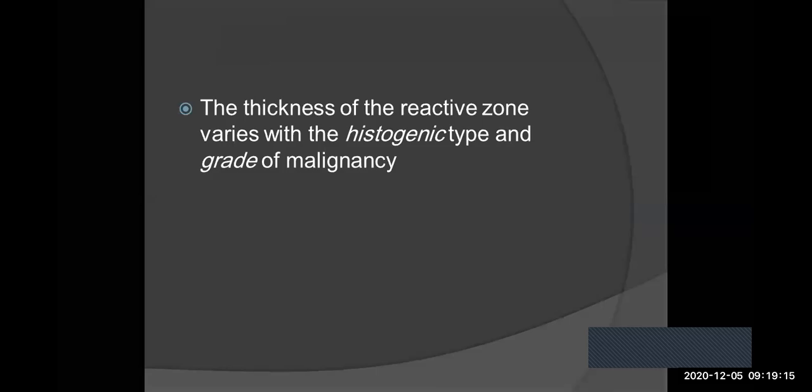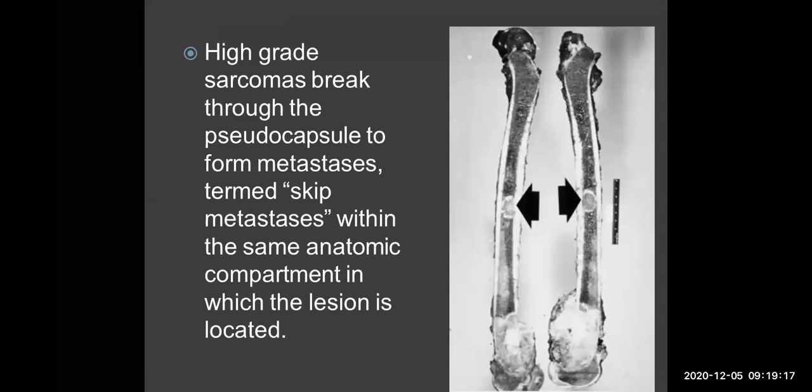These are the examples. High-grade sarcomas break through the pseudocapsule to form a metastasis, what we call a skip lesion. This is an example of a skip lesion, which is a discontinuous lesion from the main or primary tumor, but within the same compartment. Within the same compartment.